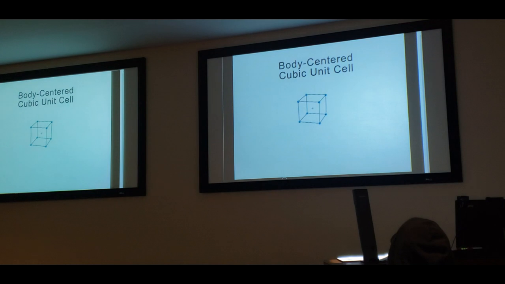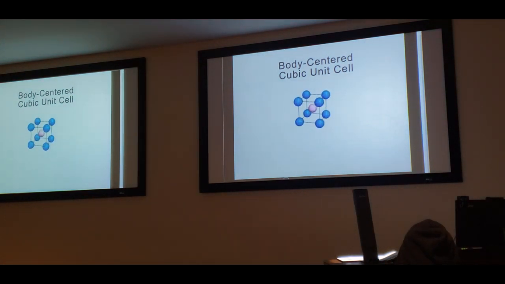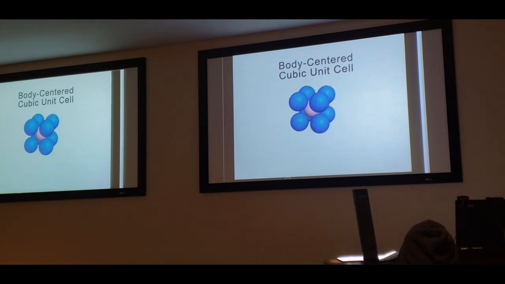The body-centered cubic unit cell has a particle at each corner and 1 in the center, which is colored pink to make it easier to see. With full-size spheres, you can see that the particles don't touch along the edges of the cube, but each corner particle does touch the one in the center.